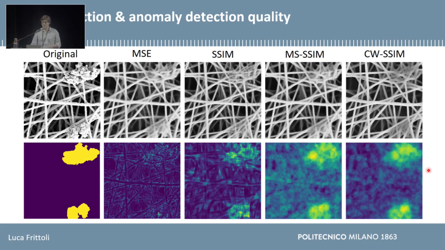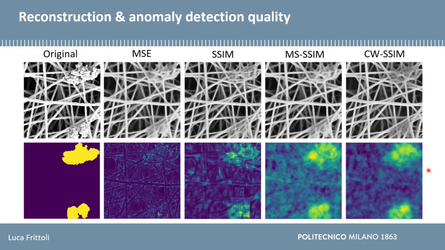If we look only at the autoencoders, we can see that the anomaly detection performance strongly depends on the capability of reconstructing the normal parts of the image. If we train the autoencoder using the mean squared error, we have a quite poor reconstruction, especially on the edges of these nanofibers.